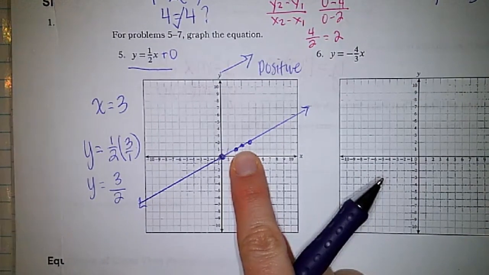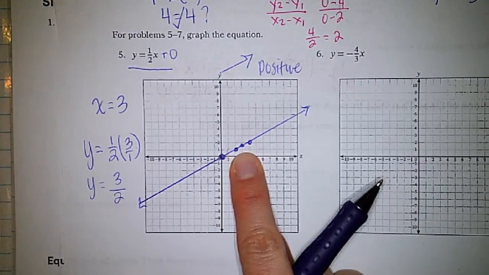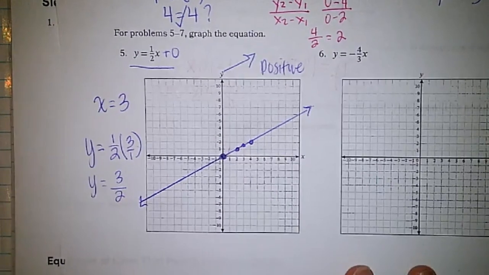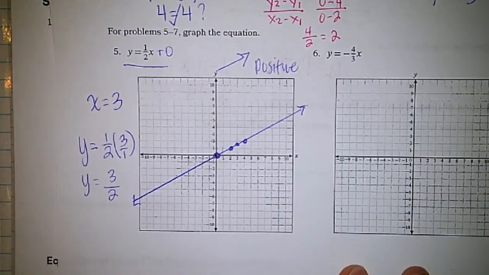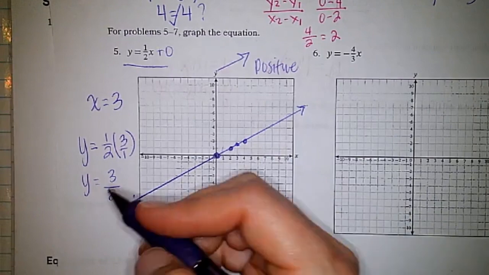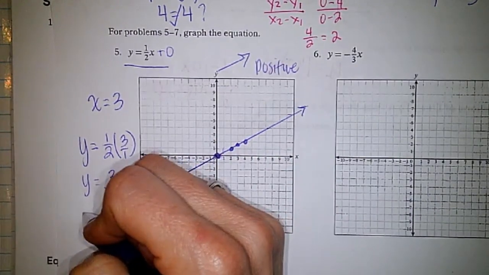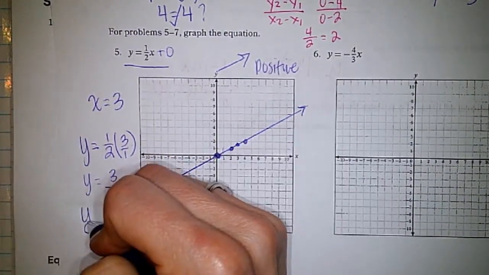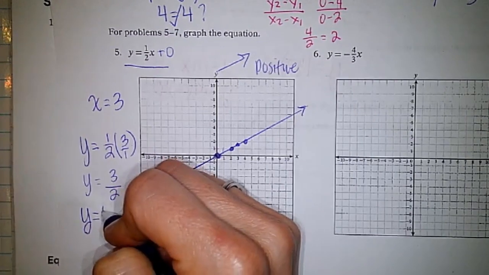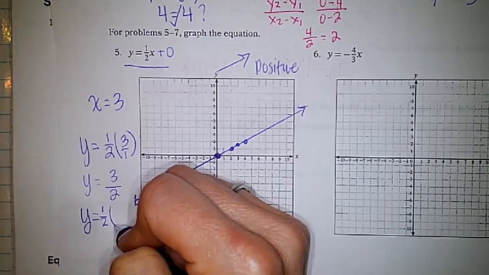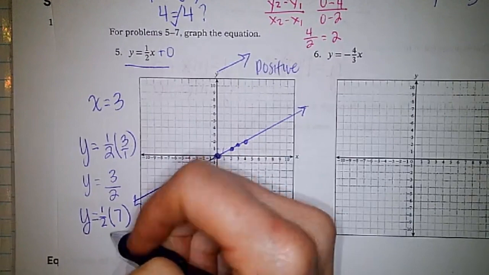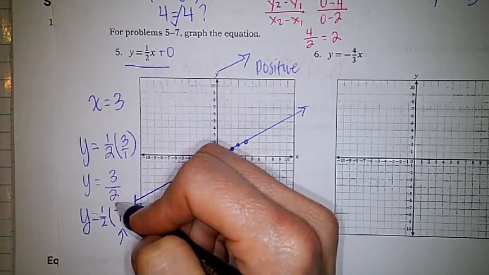Give me another value for x. A big number. 7. Okay. So, if y equals 1/2 times 7, we're going to input the 7. That means that the output has to be its y value. So let's see what happens.